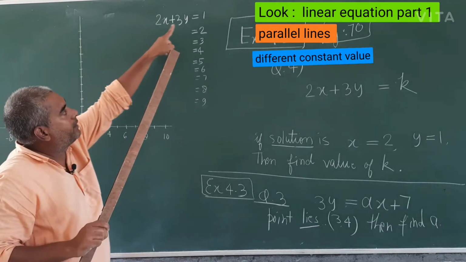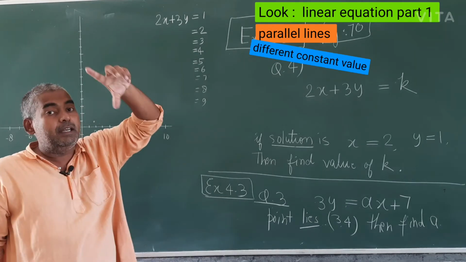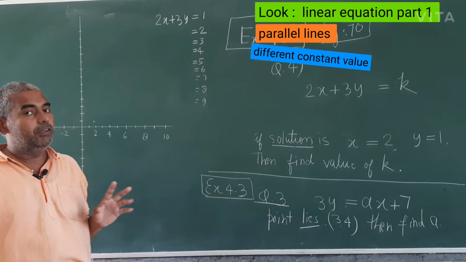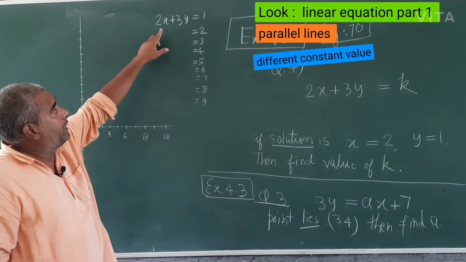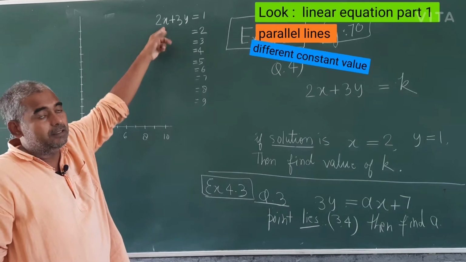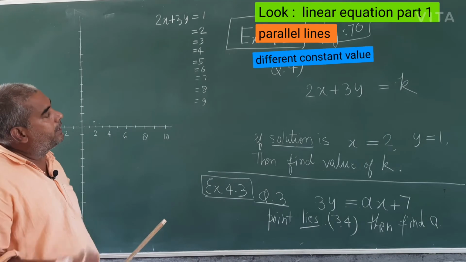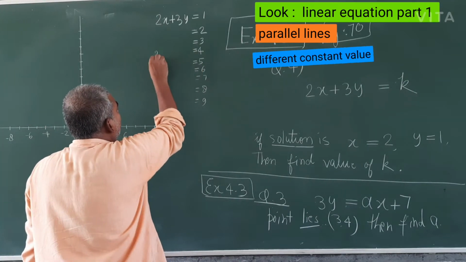So I am drawing this line. How to draw any line equation? Again, I have explained it in detail in video number 1, linear equation. You may take x is equal to 1, then solve for the value of y. So let me draw any equation, just like 2x plus 3y is equal to 4.